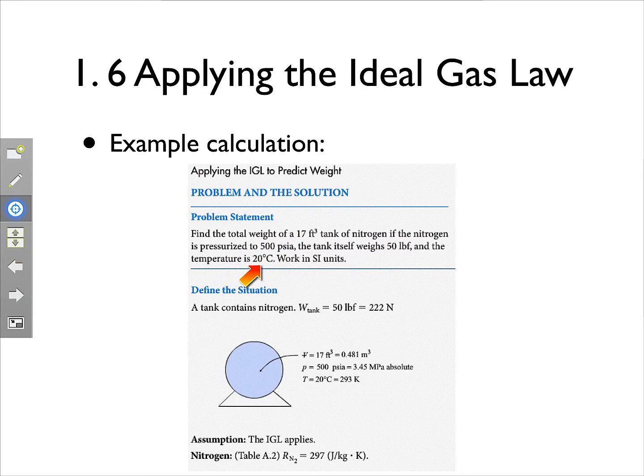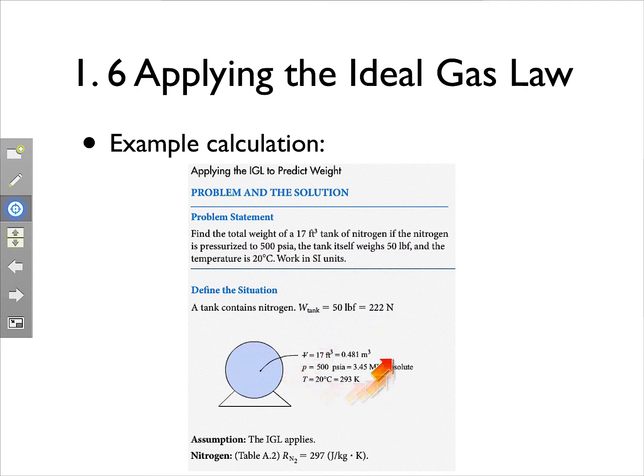So we're going to need to combine this pressure and this temperature in order to find the mass, since we know the volume. The mass is the only thing we don't know, in other words, in the ideal gas law. So the weight of the tank, if we use a conversion factor, is 222 newtons.